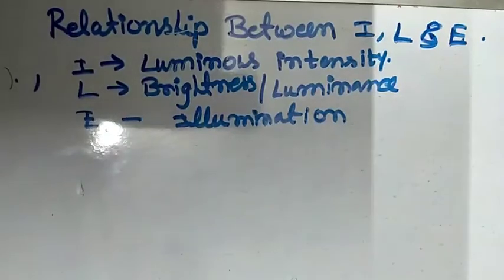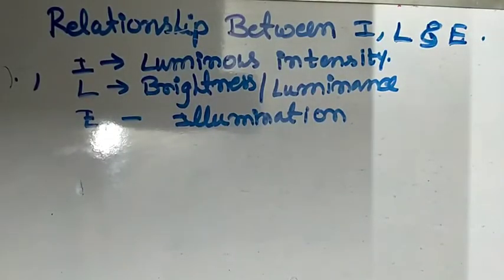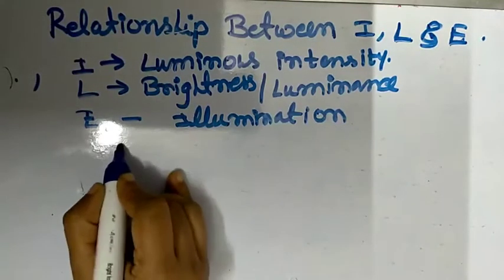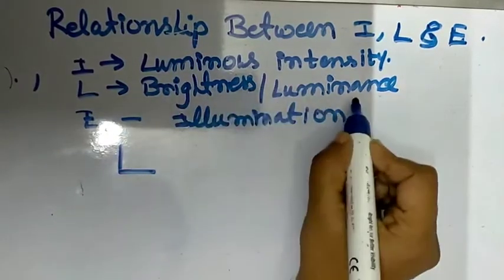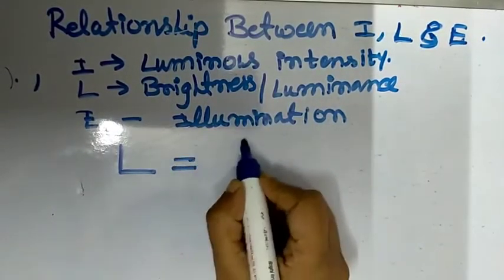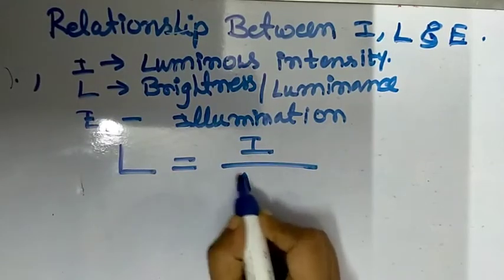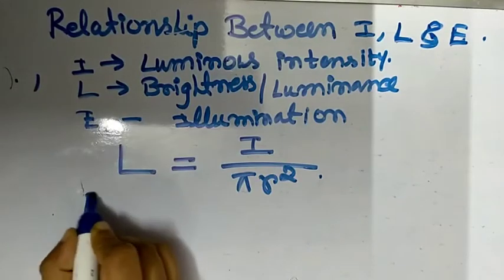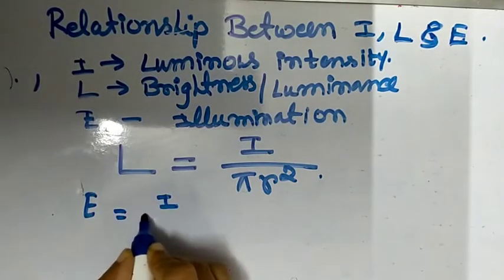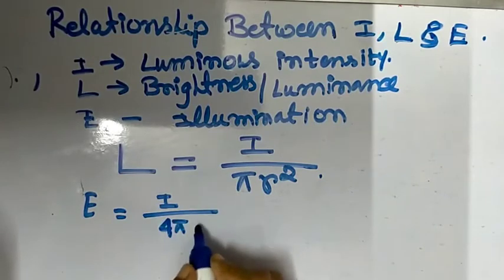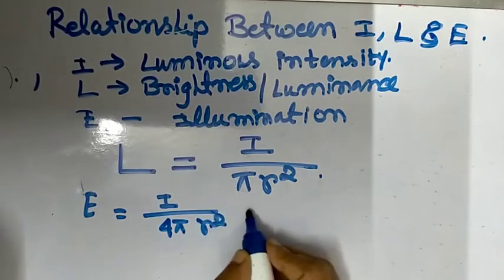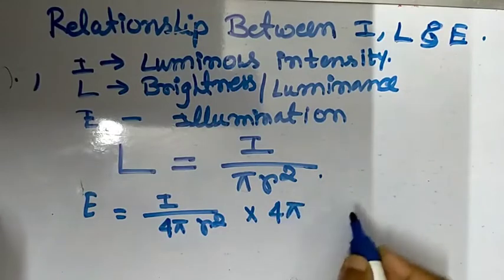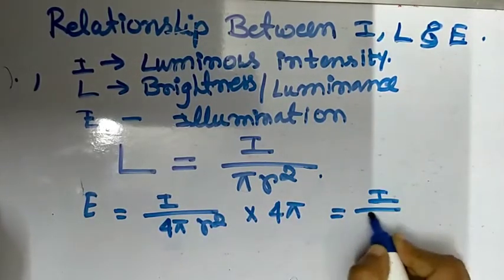Now consider a uniform diffuse spherical source with radius R meter and luminous intensity I candela. Then L, that is brightness or luminance, is equal to I by pi R square. Now E is equal to I by 4 pi R square into 4 pi, which is equal to I by R square.